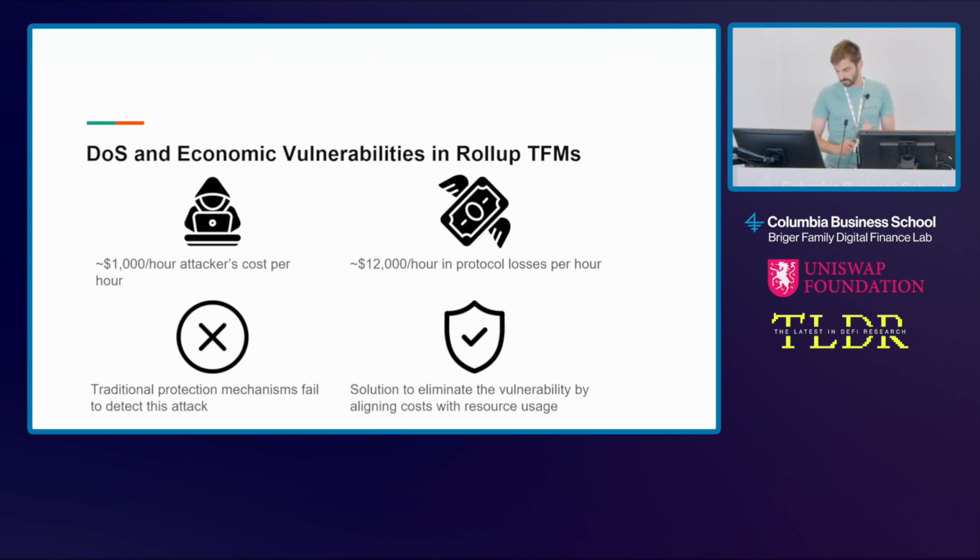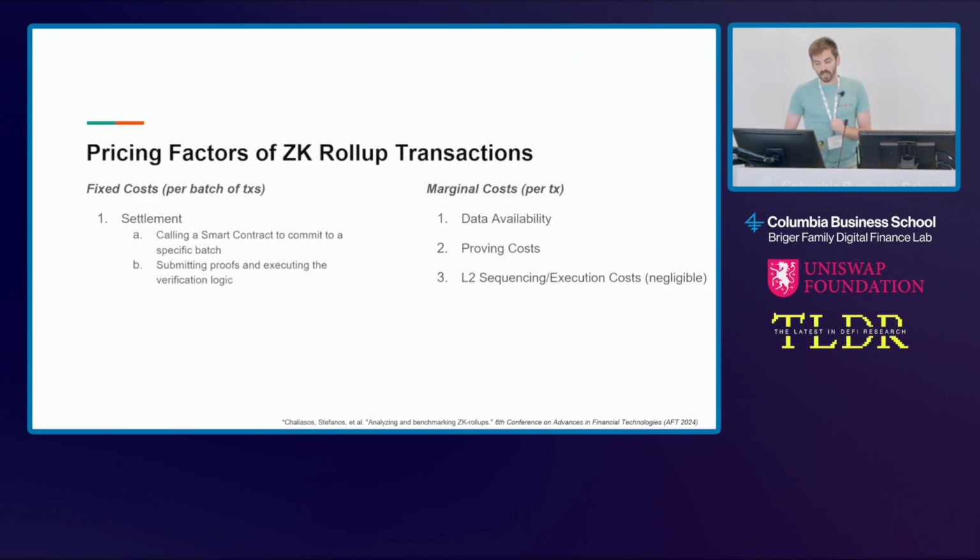Okay, so what are the main costs that a ZK rollup has to cover? We can split them between fixed costs, that is basically the settlement, composed of the transaction that will submit the L2 transaction batch data in the L1, basically in a block, and the transaction that will execute and run the verification logic in the L1.